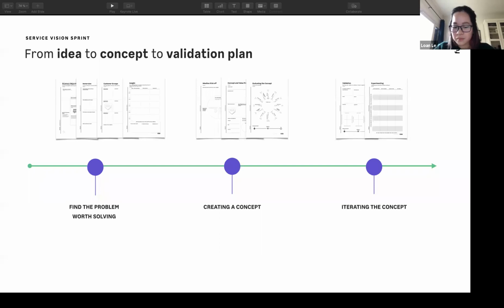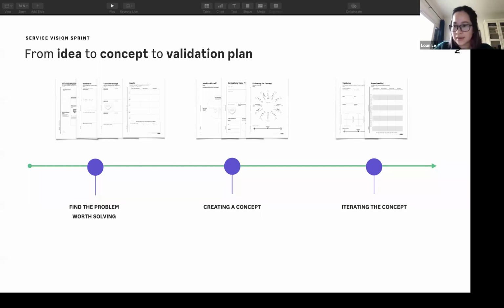It will act as a cornerstone that you fall back to whenever you have a question or are unclear about which direction to take to make the decision about your product. That is where you go back and revisit your objective. What is it that you're trying to get?